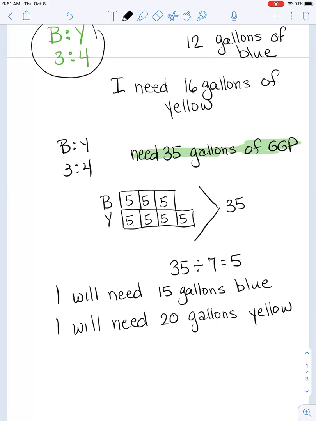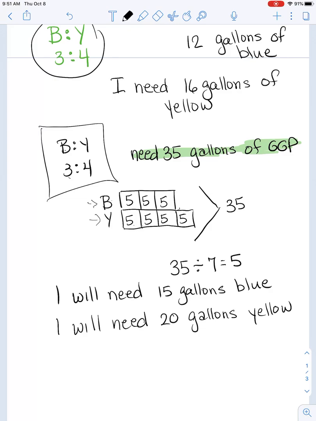Remember a few things. Your model needs to reflect the ratio, so this is super important. Okay, if you label it in the wrong order, if I put the Y here and the B here, I would get the question wrong because your order is important. So you're going to label. The number of boxes reflects the number under that label.